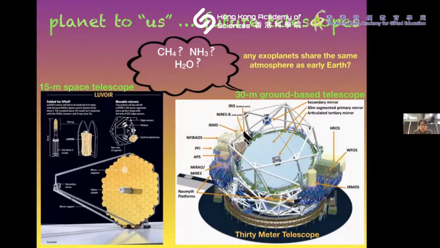In the future, if they can send a bigger telescope into space, 15 centimeters compared to 2.5 for Hubble, or a 30-meter telescope in the near infrared frequencies, they claim they are going to be able to analyze the atmosphere of exoplanets. And maybe they can see some other planets outside the solar system sharing the same atmosphere as ancient Earth, and maybe that is another site looking similar to us.